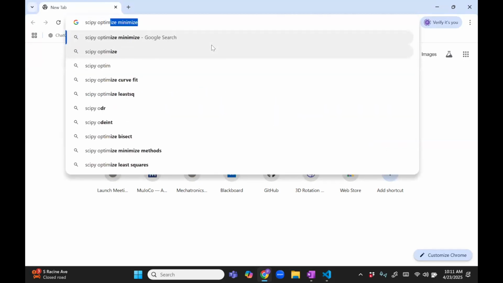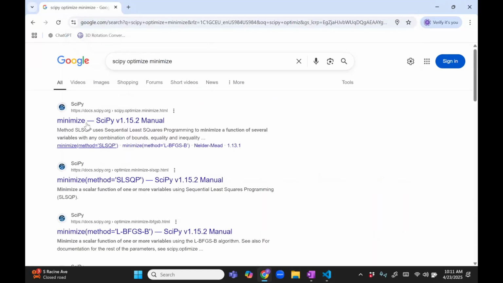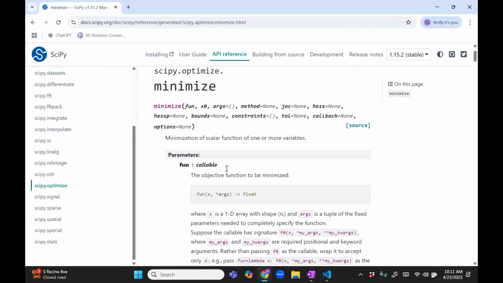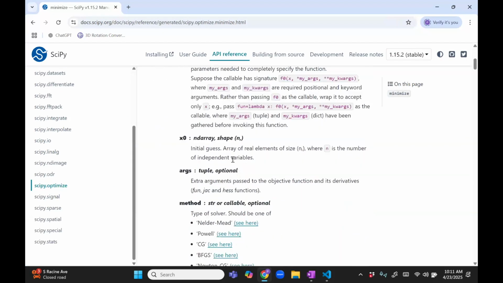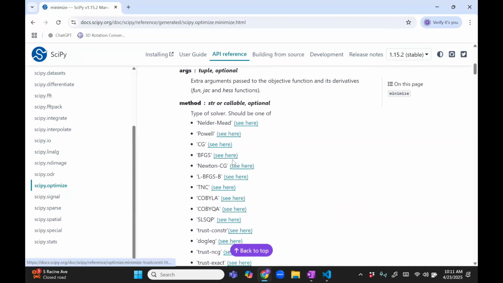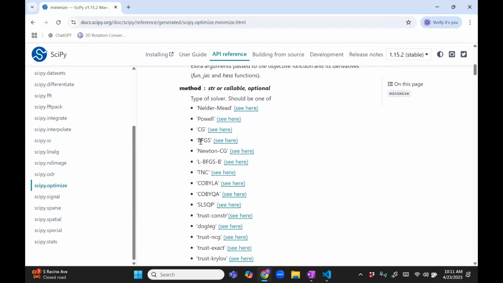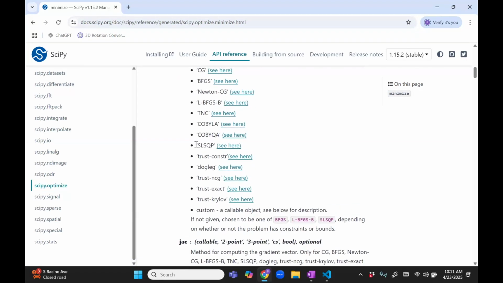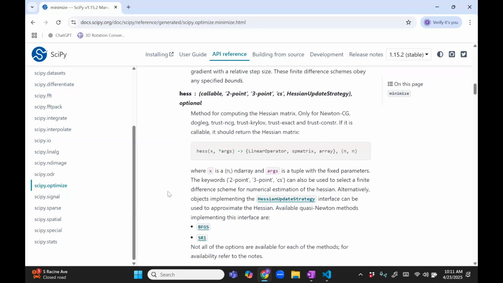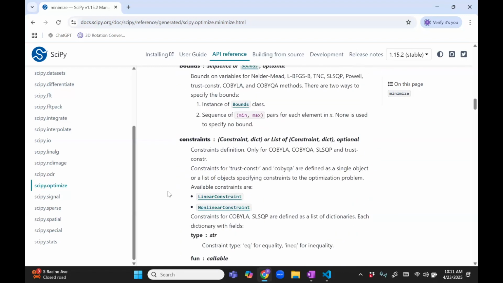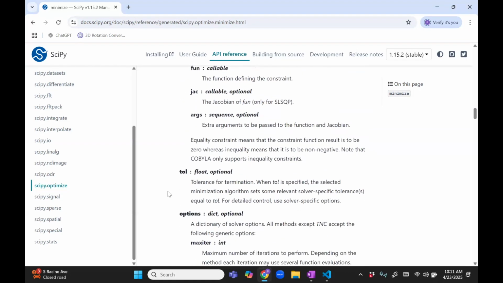Let's go to scipy, optimize, minimize. Okay, so here are all the methods. Remember, we've used BFGS for unconstrained. We have used, in this case, SLSQP. There are lots of things you can pass through this function.